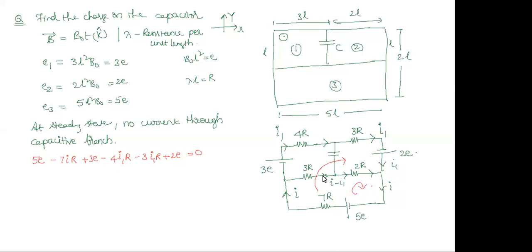Lower loop: 5E minus 7IR minus 5R into (I minus I1). Resistance can be written as resistance per unit length into the length of the corresponding segment. Each part will have lambda into L, R I represented there.